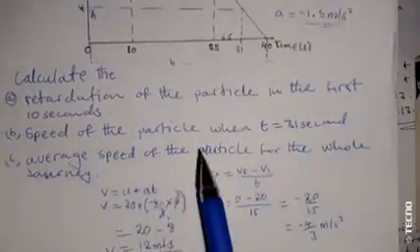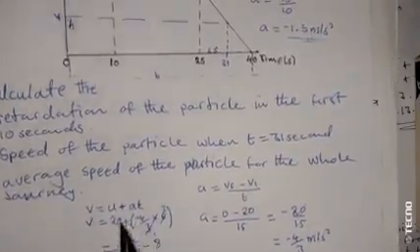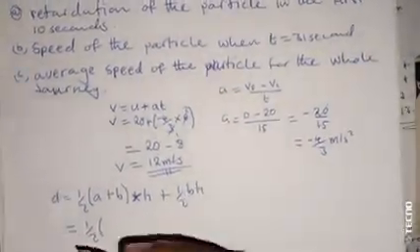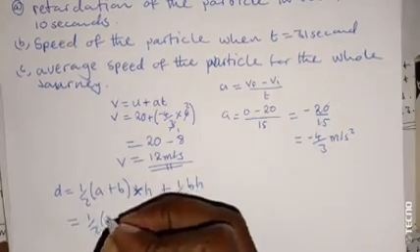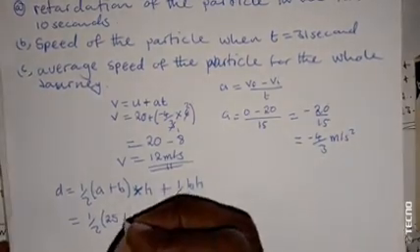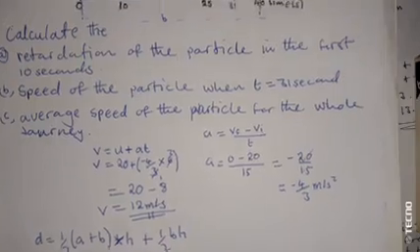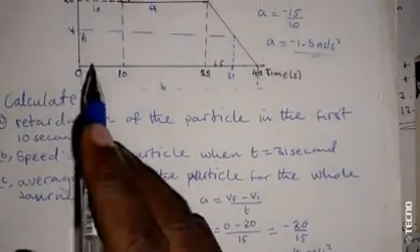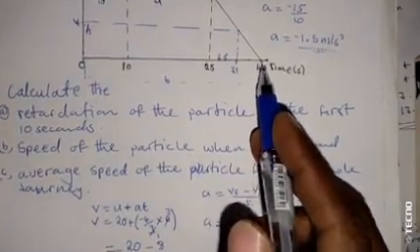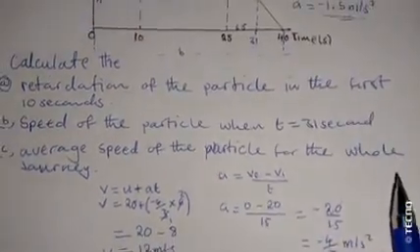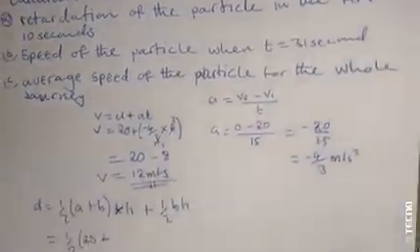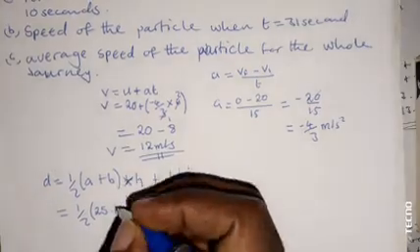So where there is A, I'll use 25, plus B. B is from 0 here up to 40 this side, so my B here is 40.